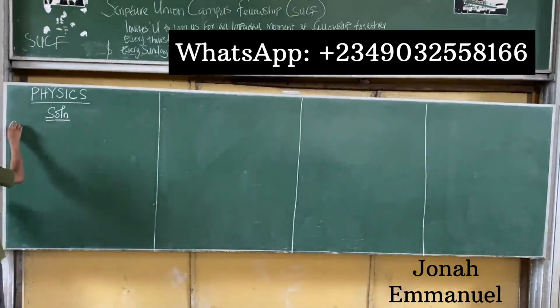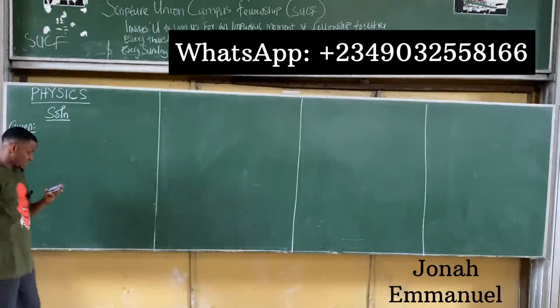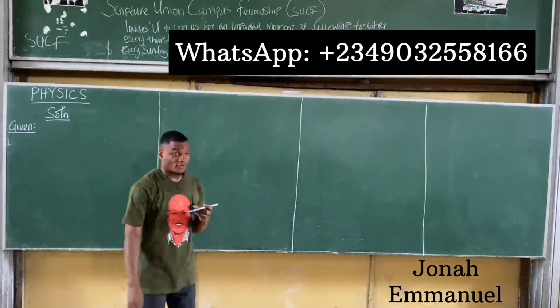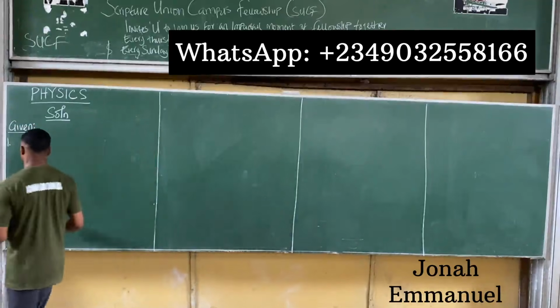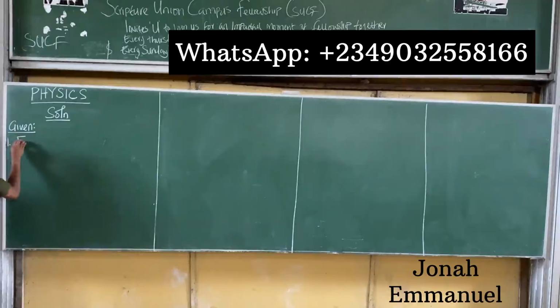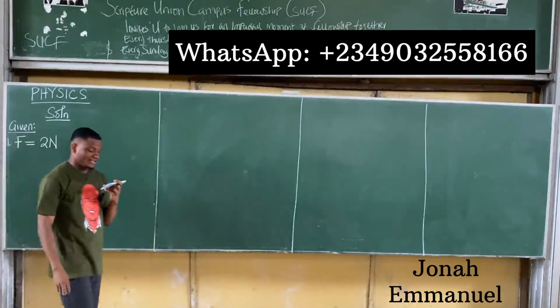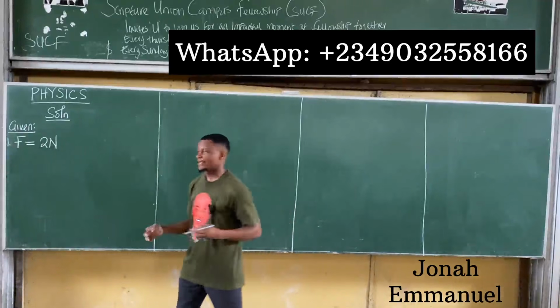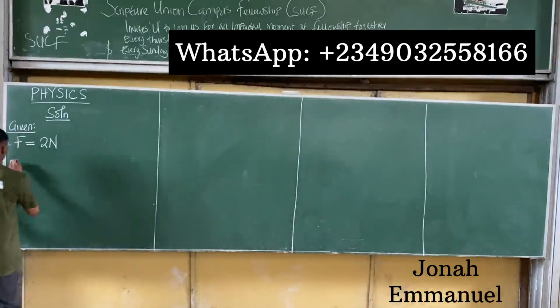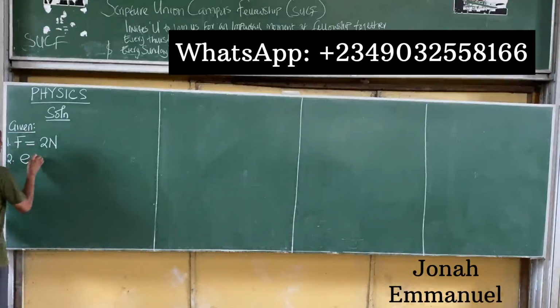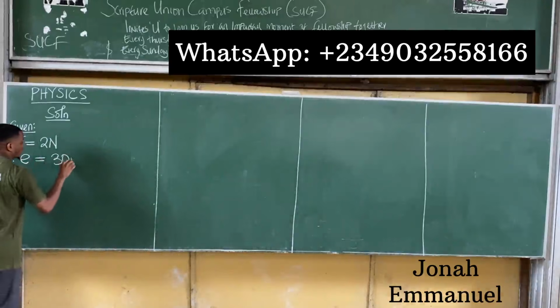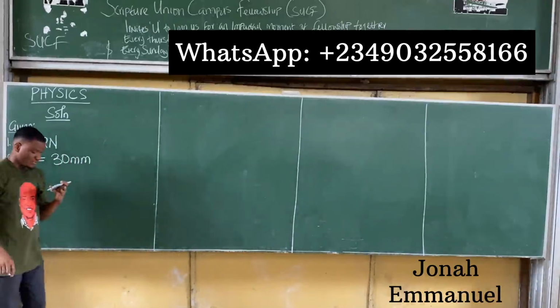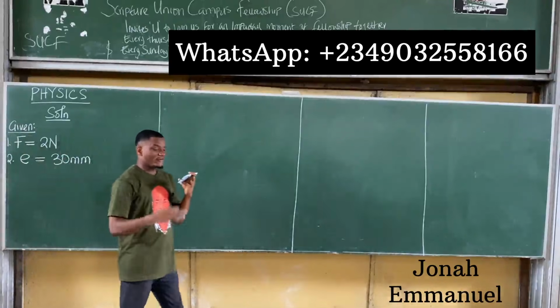As usual again, first task, list out given parameters. Now the question here says a force of 2 Newton. So number one, I'm given a force F equal to 2 Newton. They said it stretches an elastic material by 30 millimeters. So number two, I have the extension E equal to 30 millimeters. What additional force?